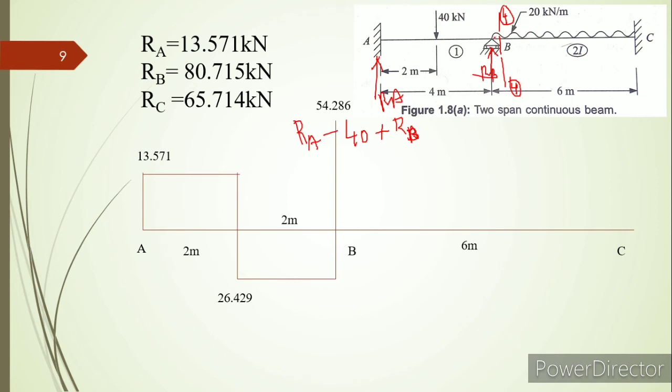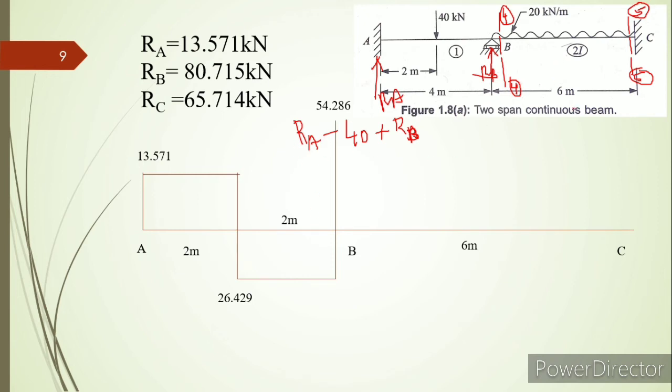Then next, a UDL of 20 kilonewton per meter is acting throughout the span up to just to the left of C, up to section 5-5. Due to this UDL, the force will be equal to 20 into 6.